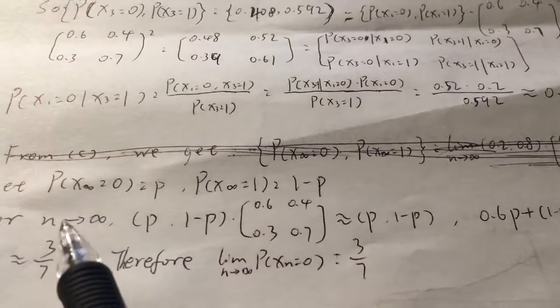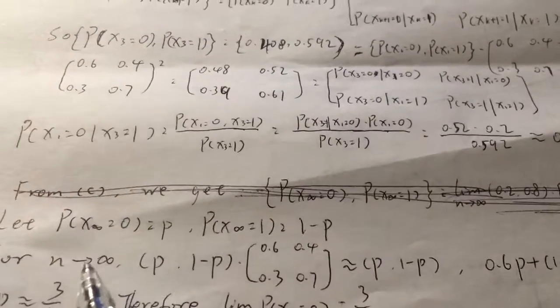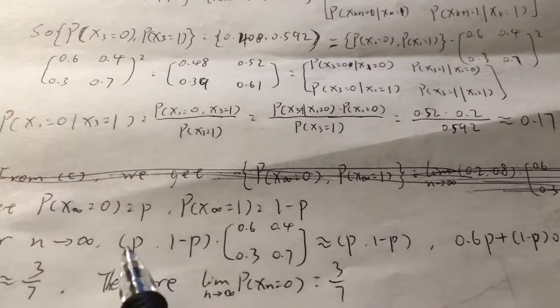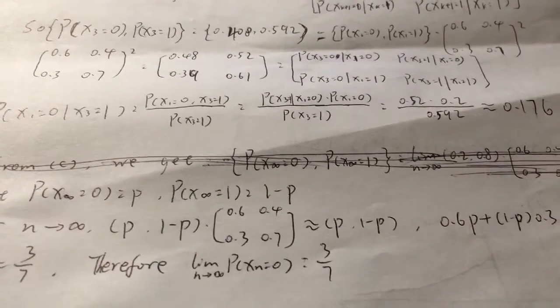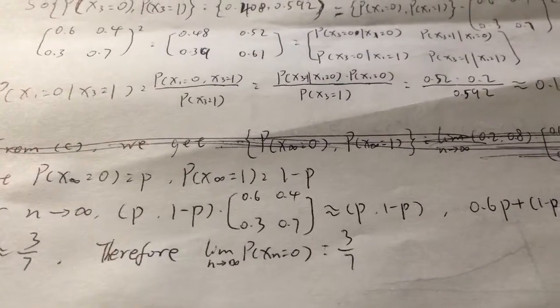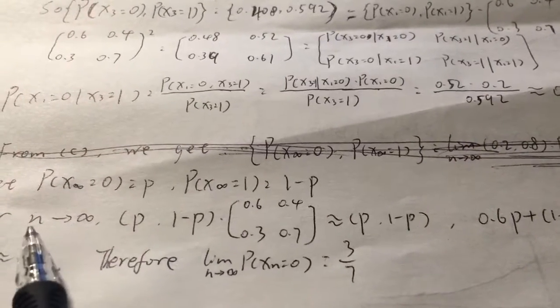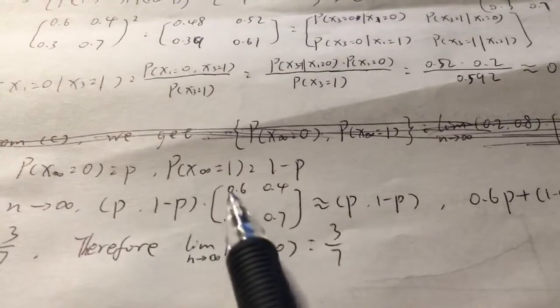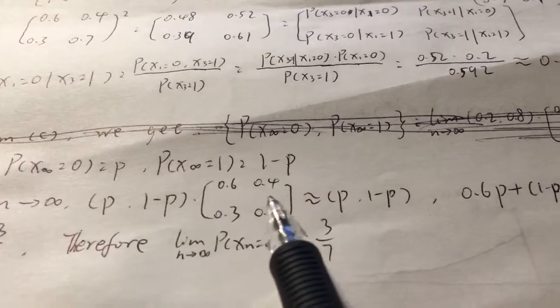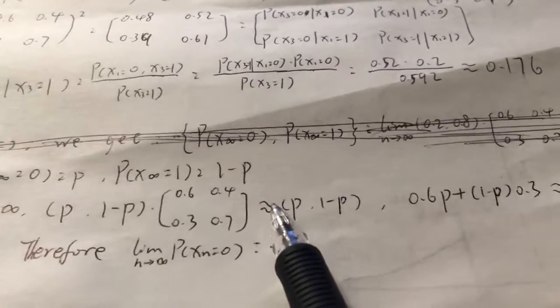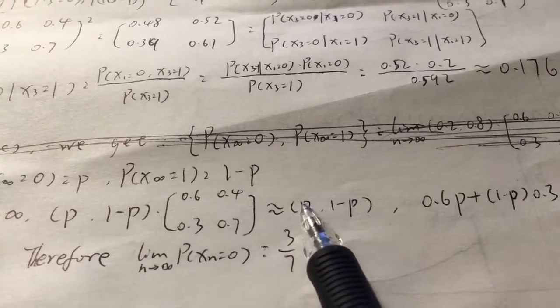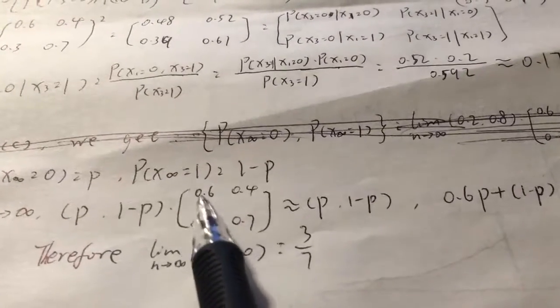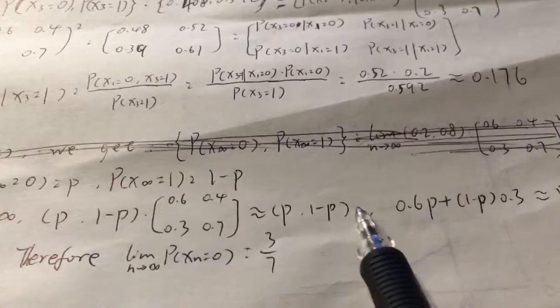For m approaching a very large number, we can use the matrix we used in the third question. Because m is very large, multiplying by this matrix is also approaching this number, so it's actually approximately the same.